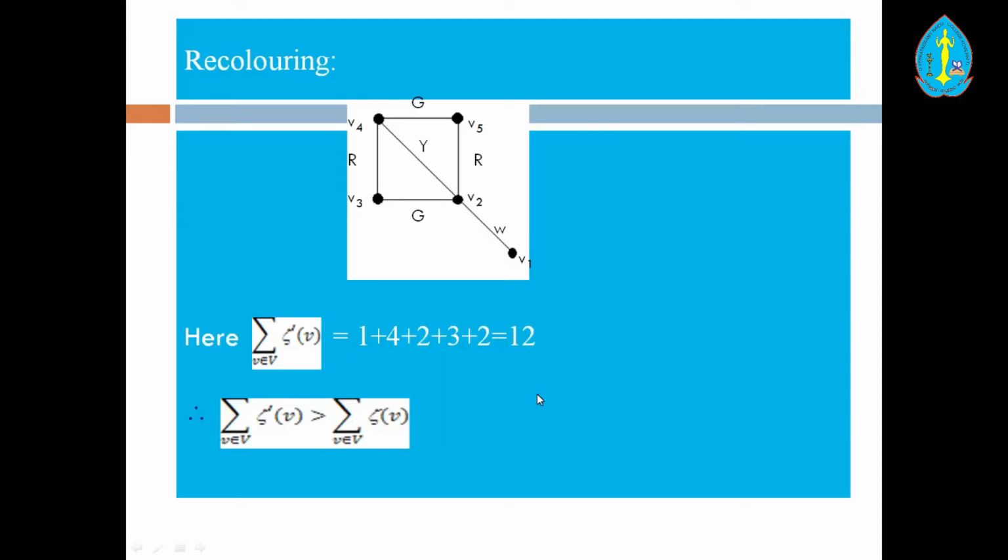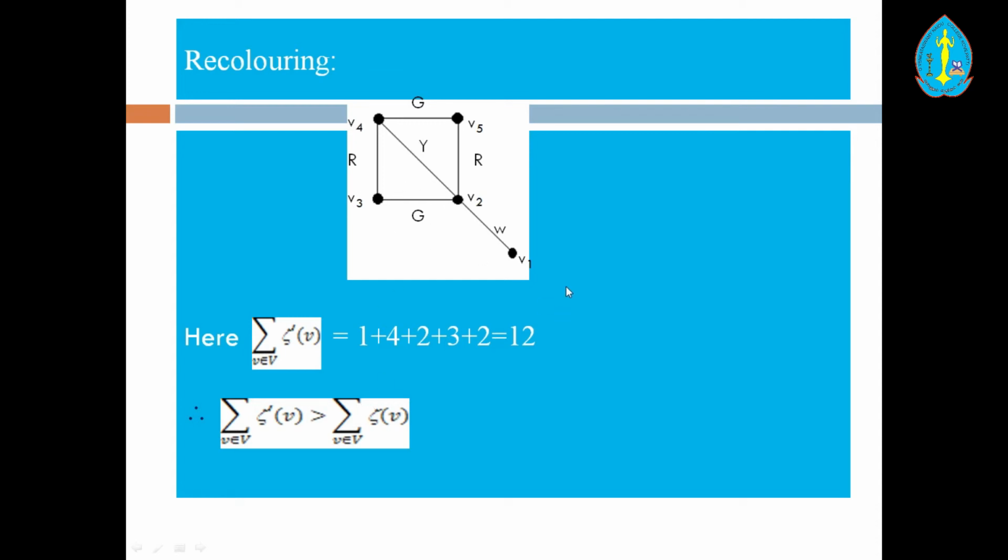Now the same graph can be recolored. Here the difference is that this edge, which had yellow color, now has white color. In this graph we have a proper edge coloring, that is R, Y, G, with distinct colors on all the edges at each vertex.